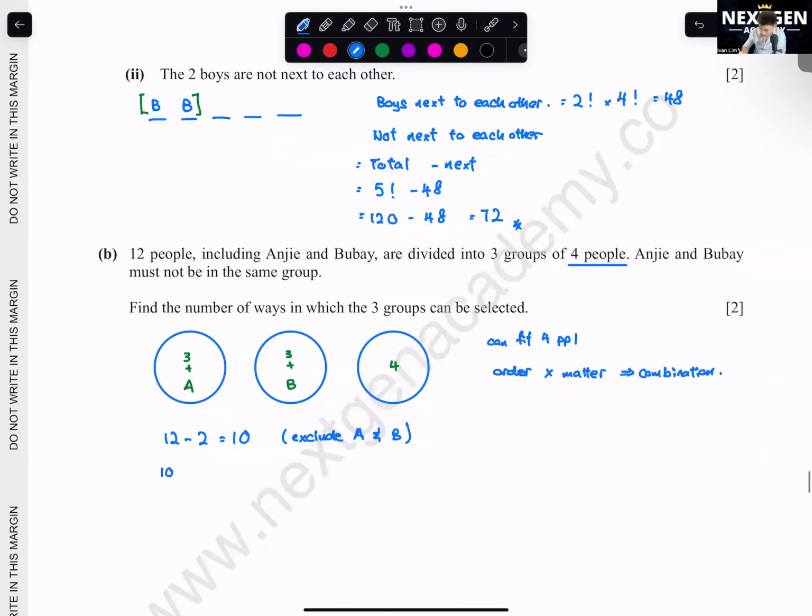So the first one will be 10C3. Then the second one, after you choose 3 already, this will be 7C3. Then here will be 4C4. If you want to choose the four people one first, you'll also get the same answer. We will get 4,200.